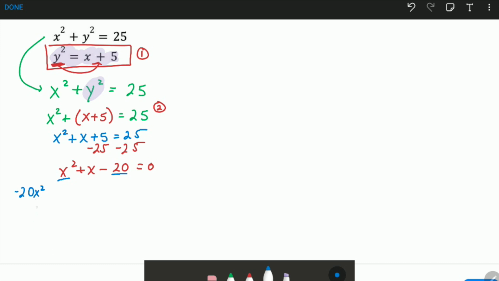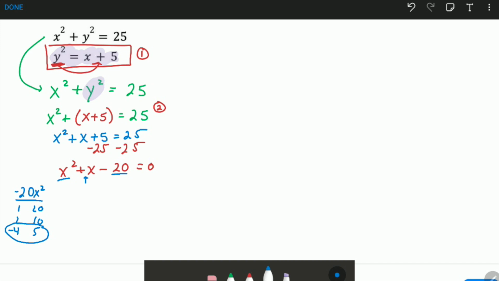And then after I do that, I need the combination of factors that add up to be positive 1x, because a number in the middle is implied to be 1. So 1 and 20, 2 and 10, and 4 and 5 are the combinations. We need a positive 1, so the combination we're going to need is negative 4 and positive 5.